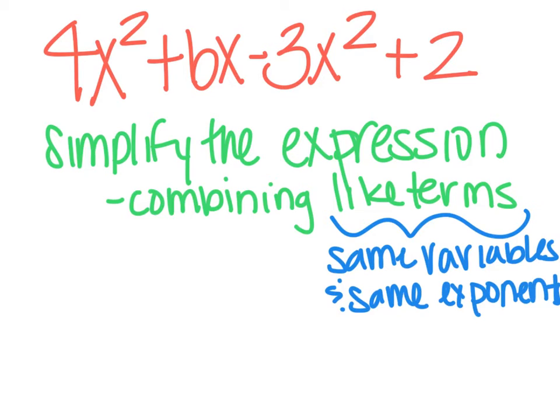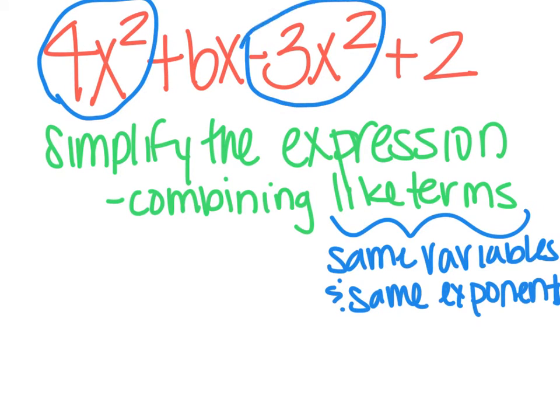So if I'm looking at this particular problem, I have a 4x squared and I have a negative 3x squared. Since 4x squared and negative 3x squared both have x squared, I know they go together. I cannot combine anything else because there's nothing else with just x. This is the only term with an x, so that term is going to stay by itself.